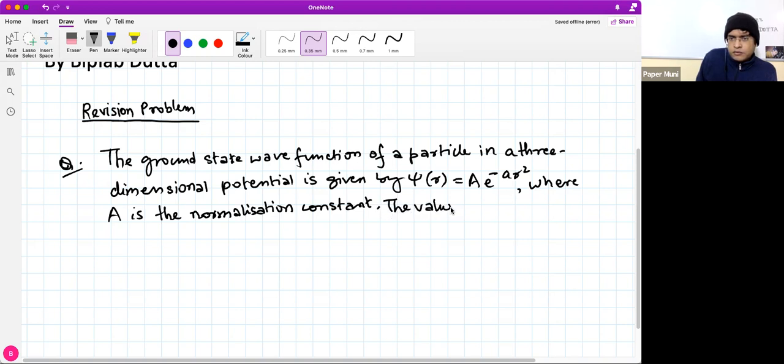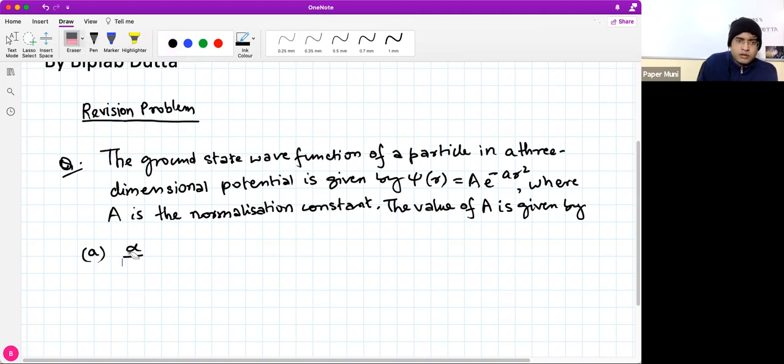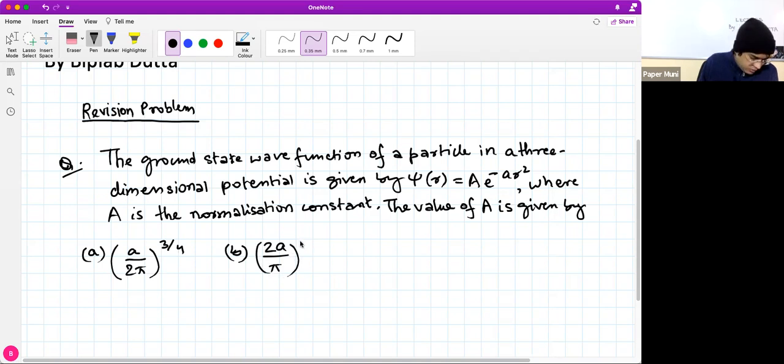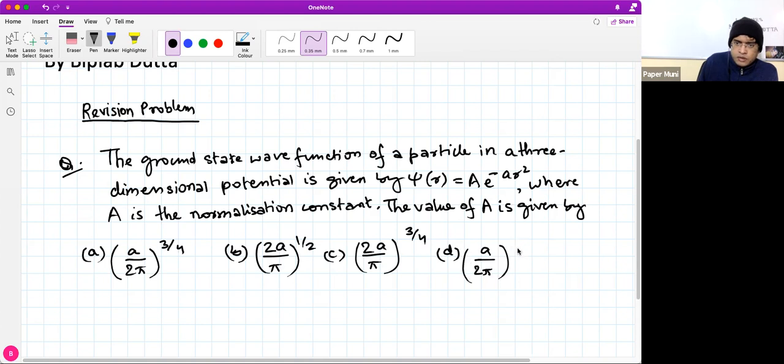Option A is (a by 2 pi) to the power 3 by 4. Option B is (2a by pi) to the power half. Option C is (2a by pi) to the power 3 by 4, and option D is (a by 2 pi) to the power 3 by 2. This is the question from HCO 2018.